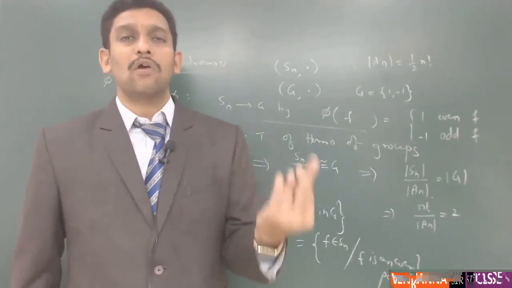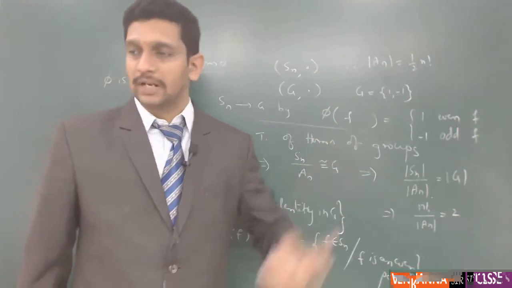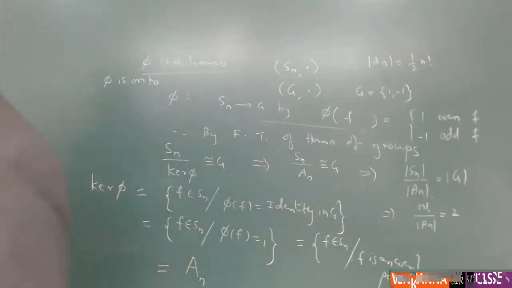Two, order of An is 1 by 2 n factorial. Okay? So please take a note of this. Then we discuss the other things. After noting, please tell.